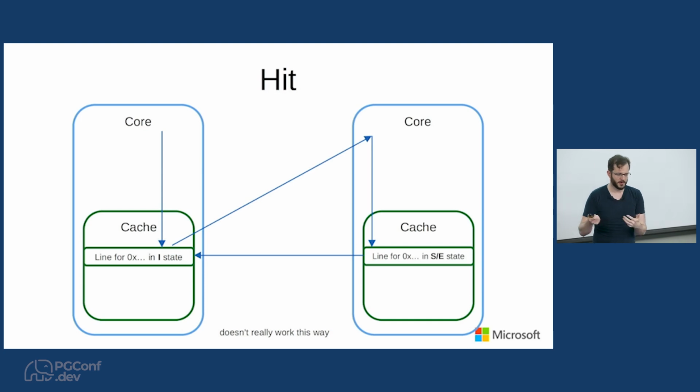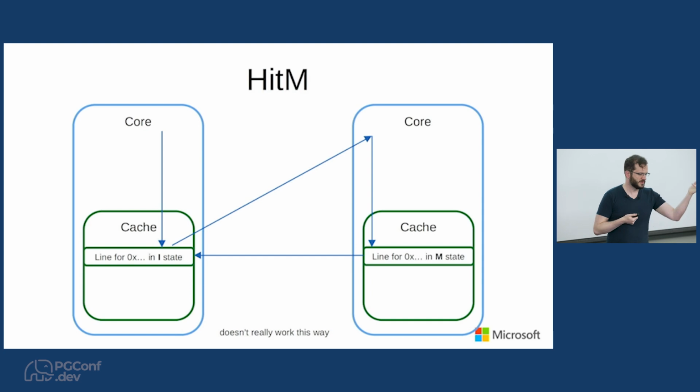And depending on whether we actually need the cache line in shared or in exclusive state, it will have to leave the data on the originating side or not. And sometimes that transfer will not happen directly between the two cores, but it will go to memory in between and stuff like that. In contrast to that, a hit M is when the cache line that we're accessing is in modified state, because it has recently been modified and hasn't been written back to memory.